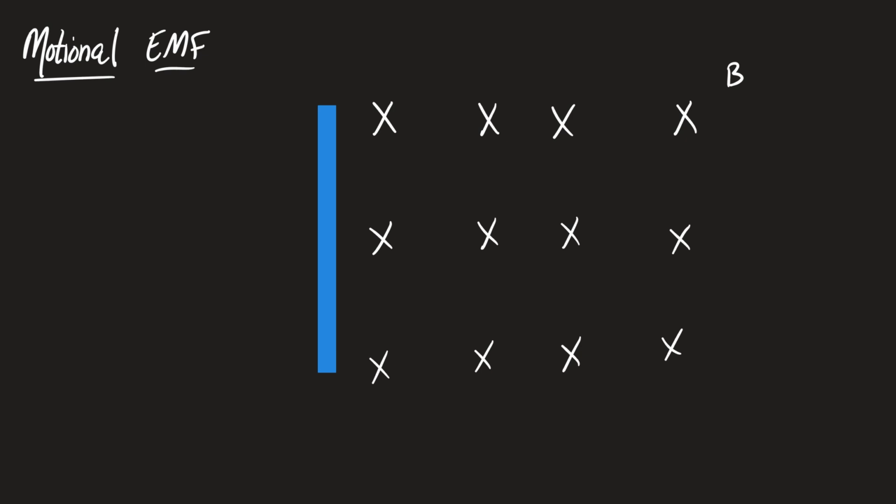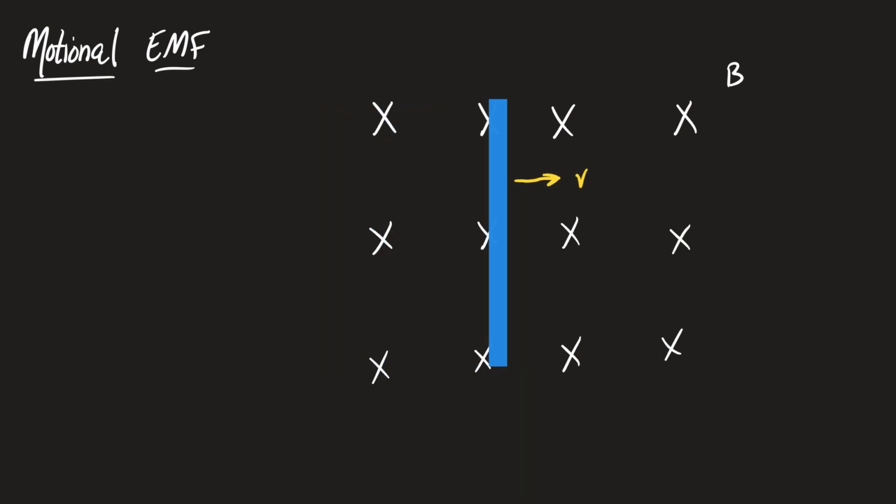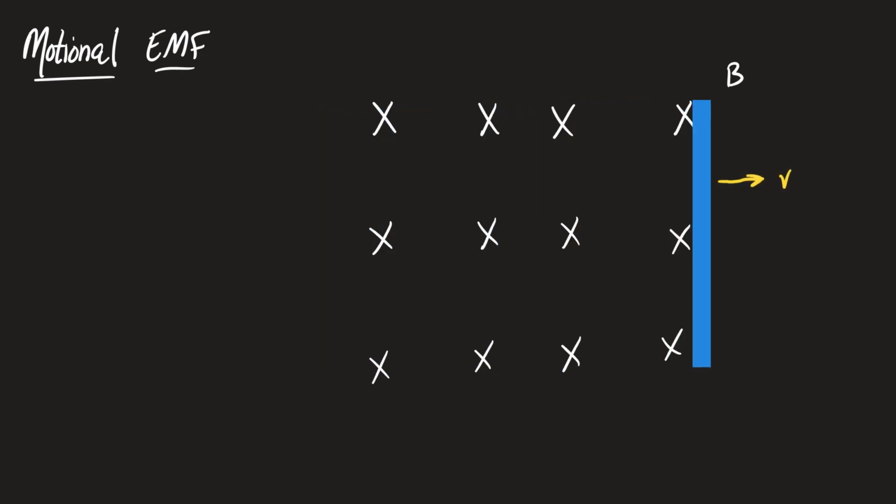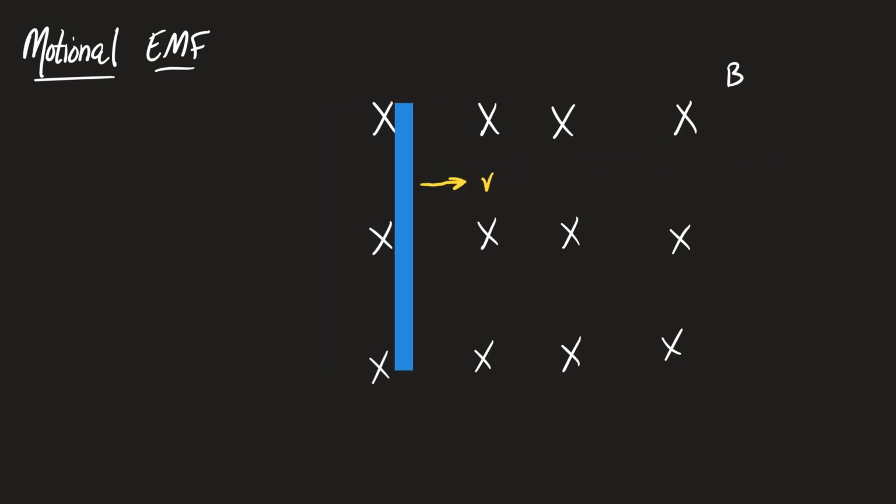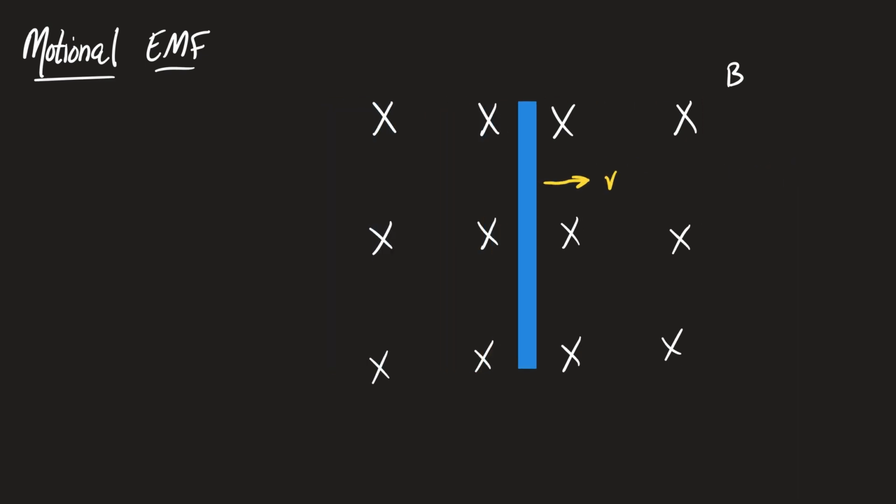So from some external source, we take the bar and we move it into the region of space where there's a magnetic field. So we're just going to be moving it through the space where there's a magnetic field. While it's moving through that space, we know the bar is filled with charged particles.